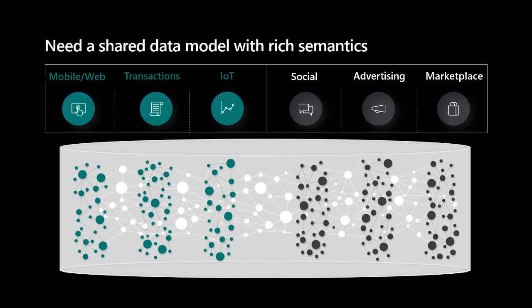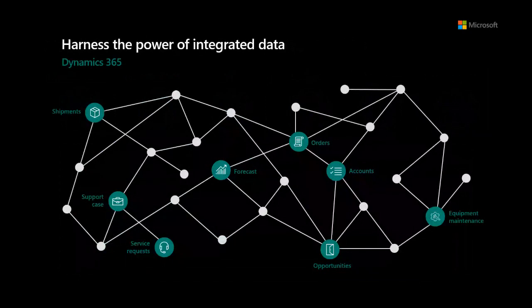And when you look at harnessing the power of that integrated data, I'm going to take it piece by piece, and I'm going to start with Dynamics 365. If you have Dynamics, as I mentioned before, you have this account entity, right? But you may also have support cases or opportunities, these entities that are given to you out of Dynamics 365, but you want to add more to that.